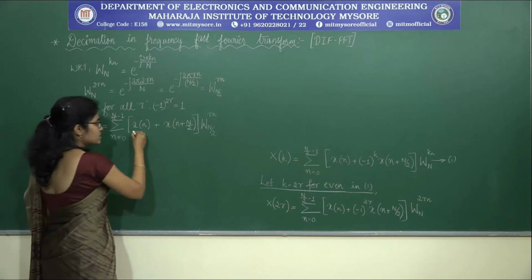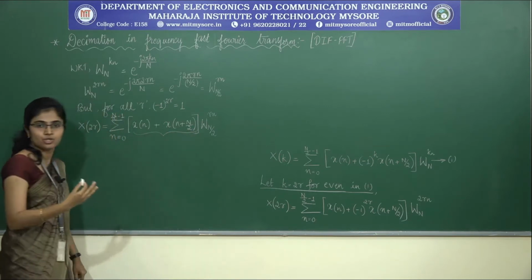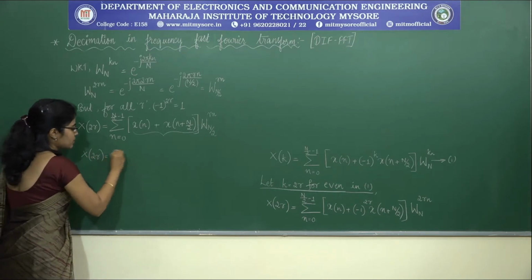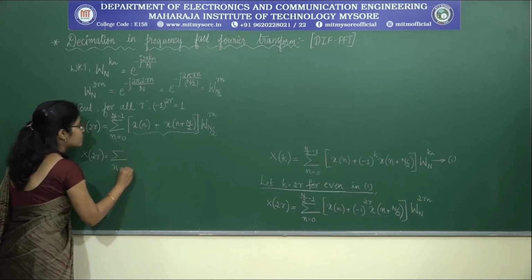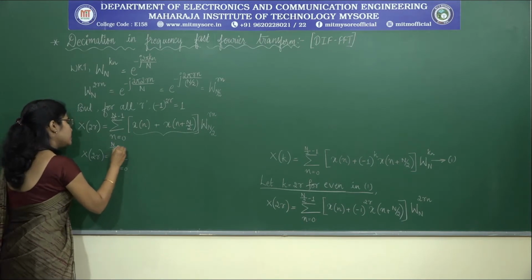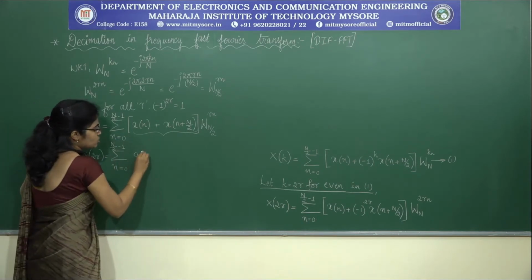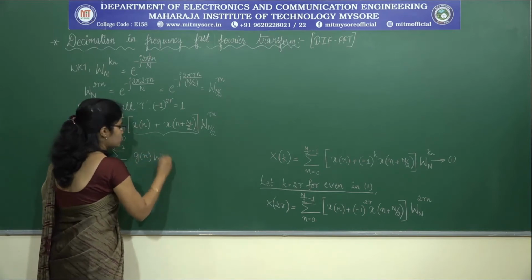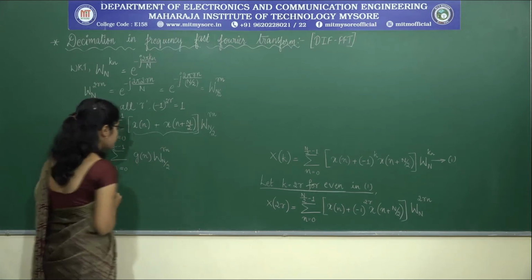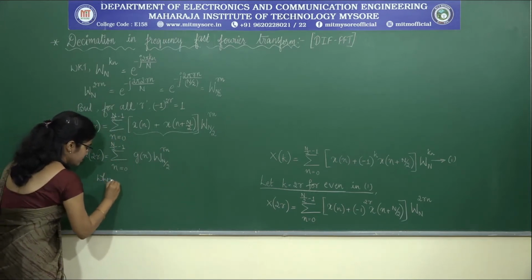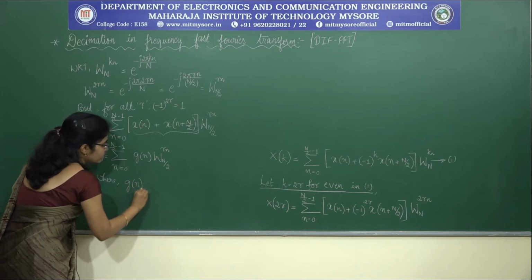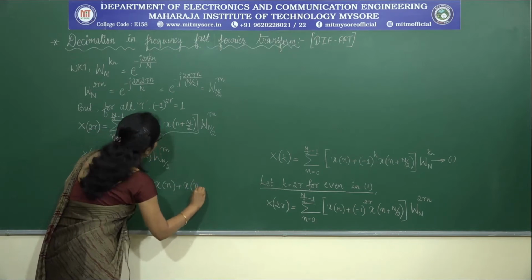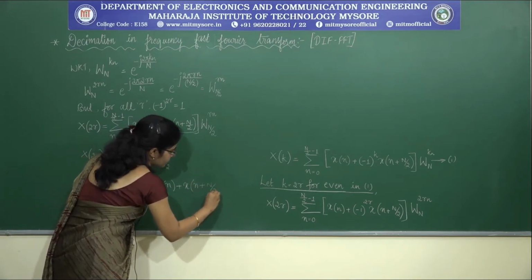So instead of this entire term, I will take it as g of n and rewrite: x of 2r will be equal to summation n ranges from 0 to n by 2 minus 1 of g of n into omega n by 2 to the power of rn, where g of n is equal to x of n plus x of n plus n by 2.